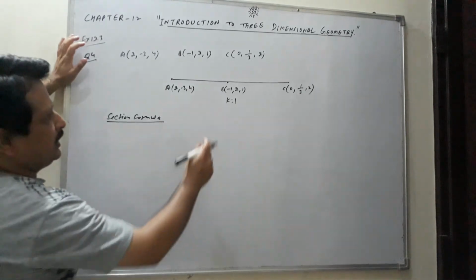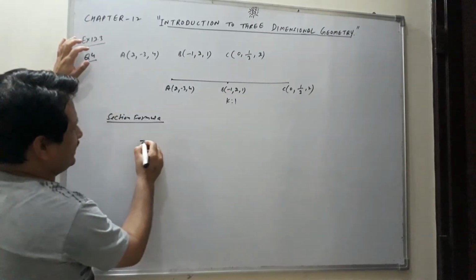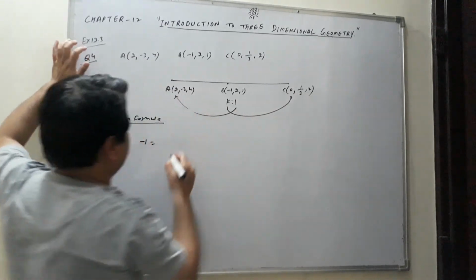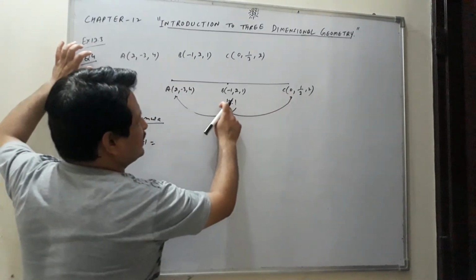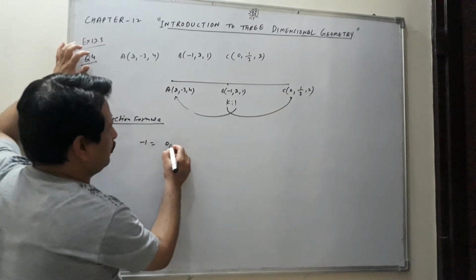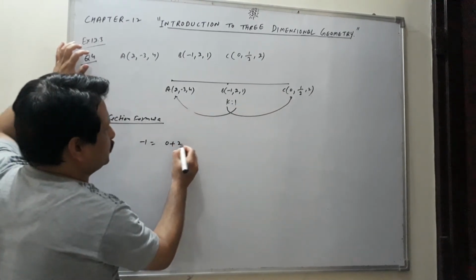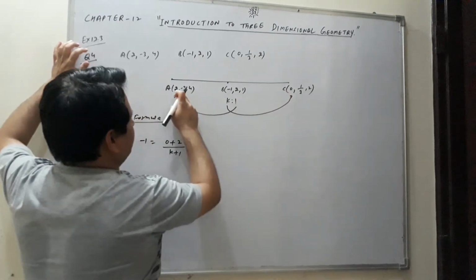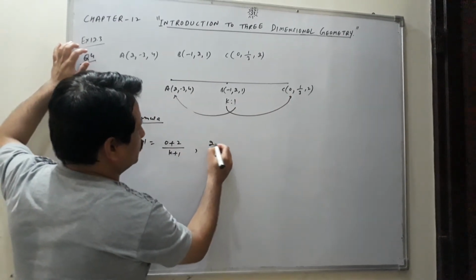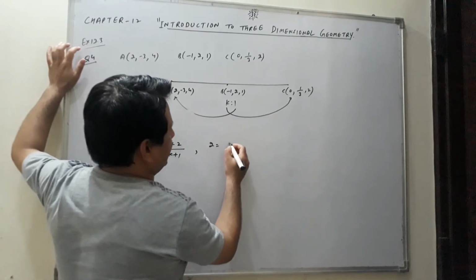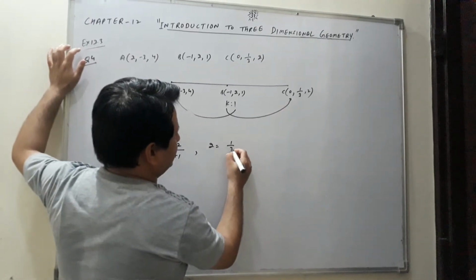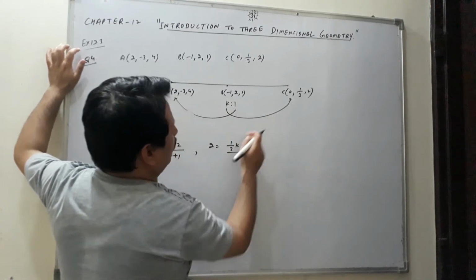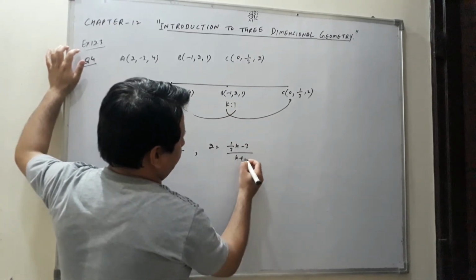So from here, students, the x coordinate is -1, which is equal to, using the section formula, (k multiplied by 0 plus 1 multiplied by 2) upon (k plus 1). Then the y coordinate 2 is equal to (k multiplied by 1/3 plus 1 multiplied by -3) upon (k plus 1).